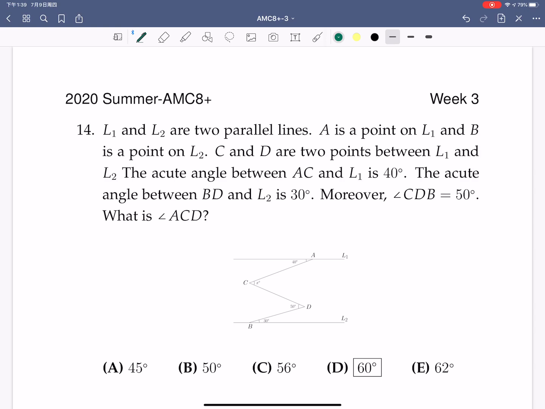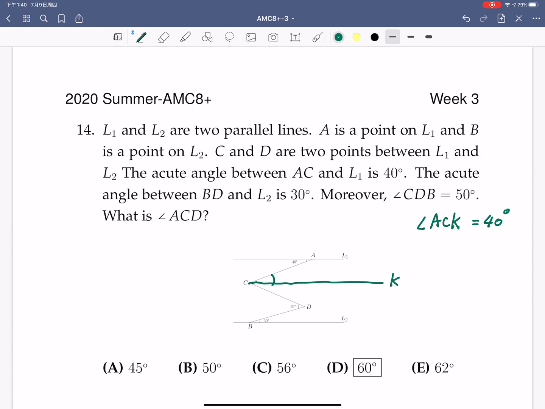What we can do is first draw a line parallel to L1, and suppose this is K. So we know that angle ACK would be an alternate angle with this 40 degrees. Since the green line is parallel to L1, angle ACK is equal to 40.